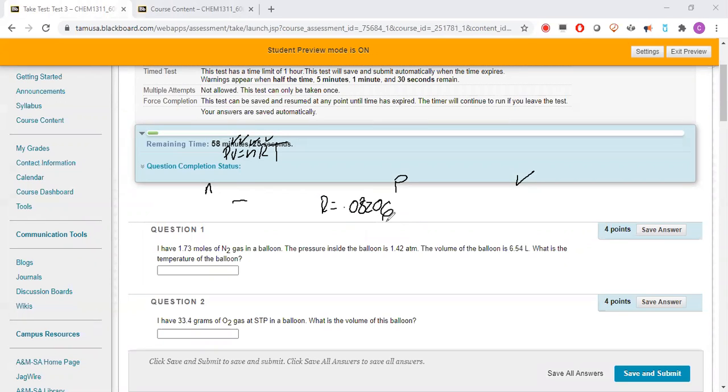So PV equals nRT, solve for T, which would be PV divided by nR equals T. And solve for T from there, putting in your values. As a reminder, your values will probably be different than my values because everybody has randomized values for the most part.